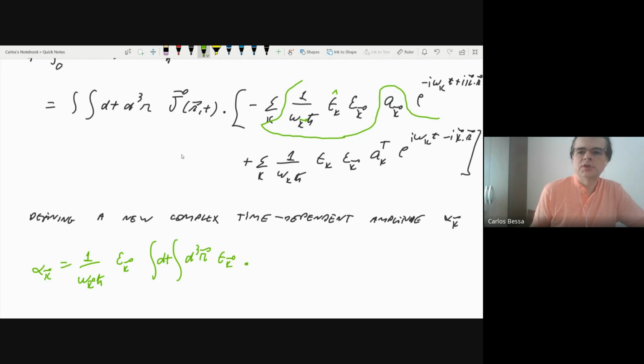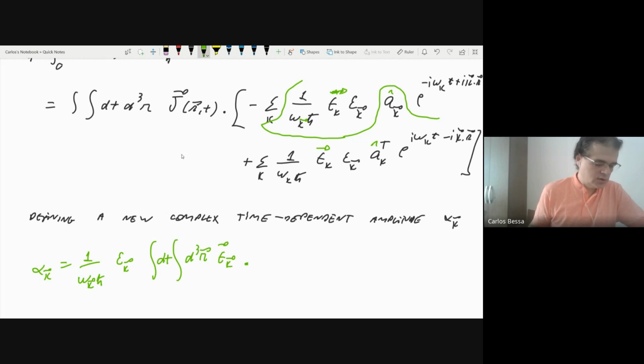Sometimes you use this like operator, and here this is just a unit vector. So I'll put the arrow just on the operator on these guys, and this is the unit vector.